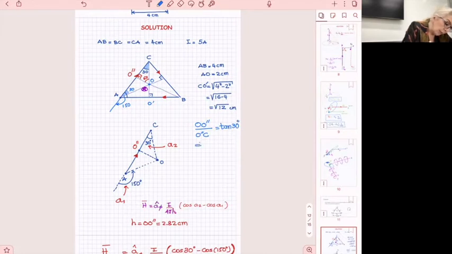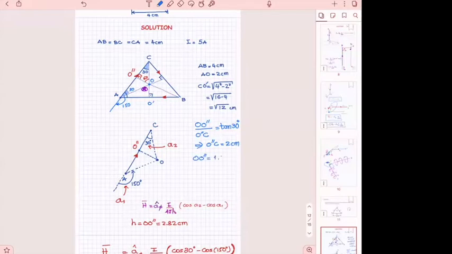Okay, and since we know that O double prime C is half of that, which is 2 centimeters, how much did you find? 1.155 centimeters.